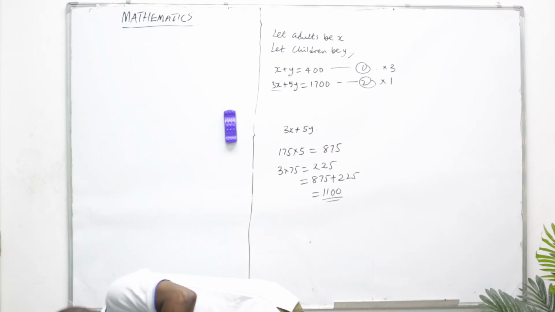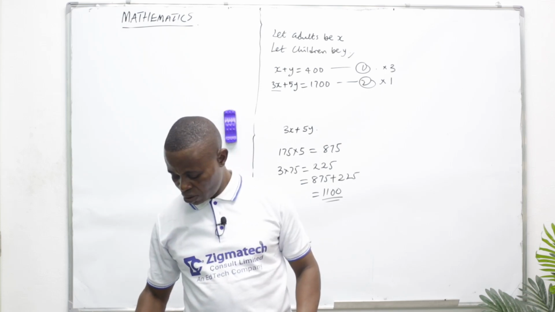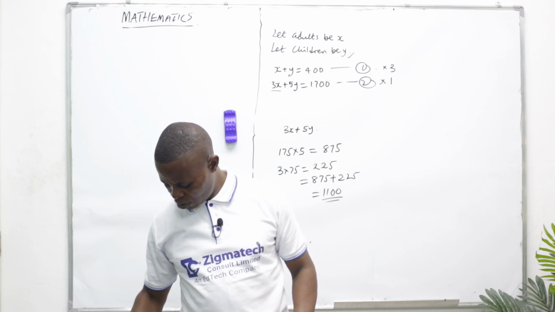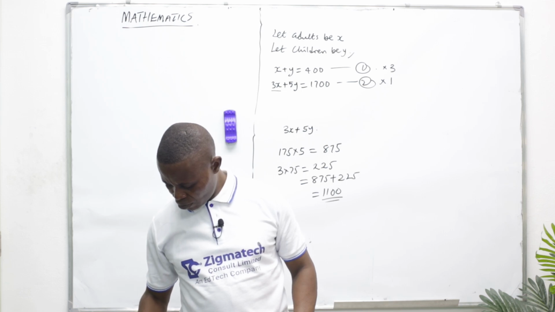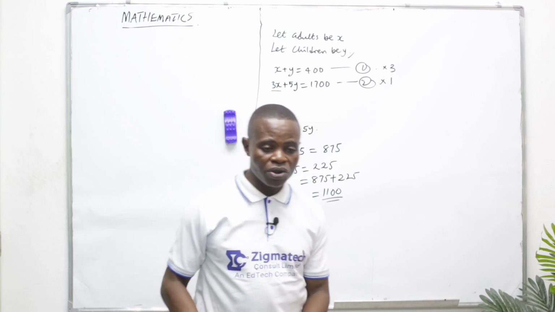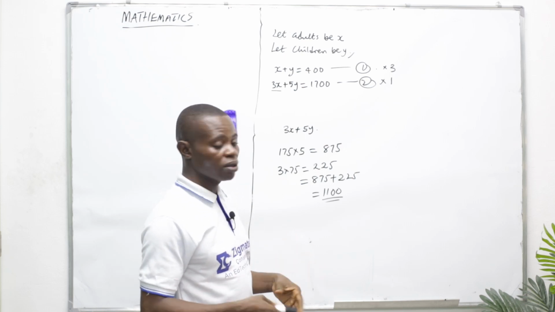Mr. Johnson made 1,100 sales. Recall that our unit was in D. They didn't tell us what D is all about.